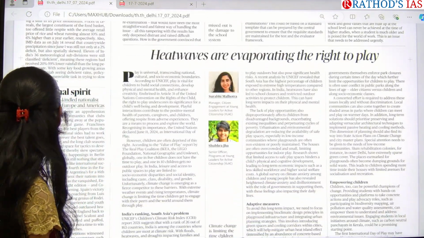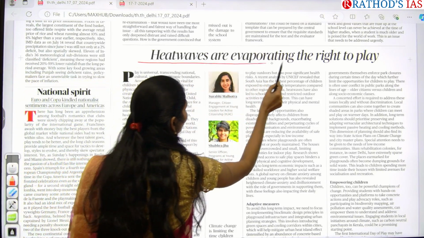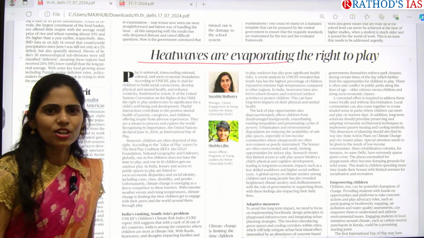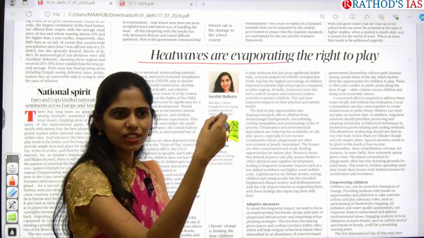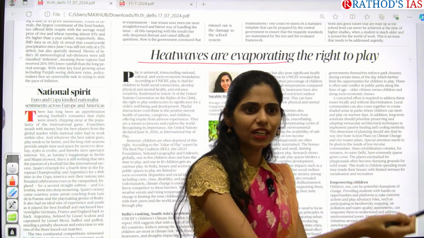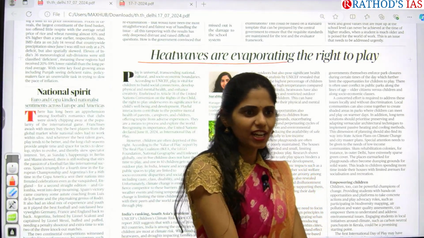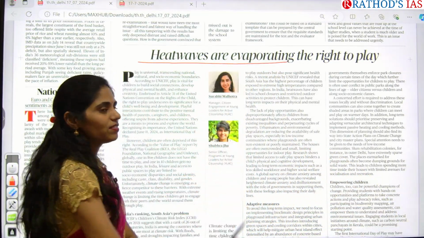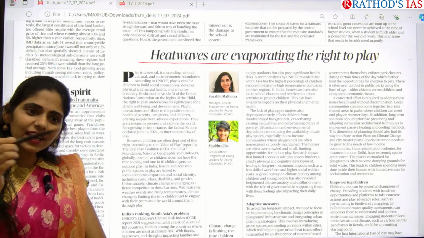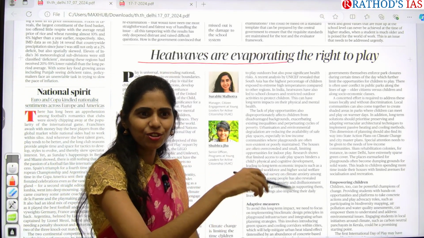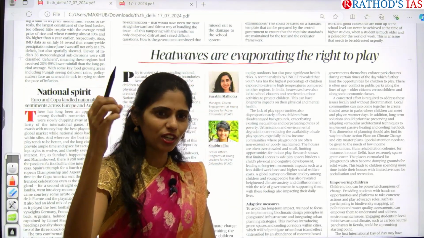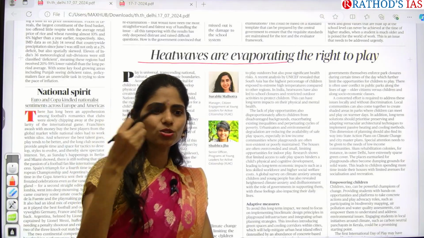Here you can see one article: heat waves are evaporating the right to play. Yesterday we discussed one article regarding heat waves, how they affect women of our country disproportionately, and now heat waves regarding children. If you get a question on heat waves, you can write an introduction: what is it, and what is the definition according to IMD.